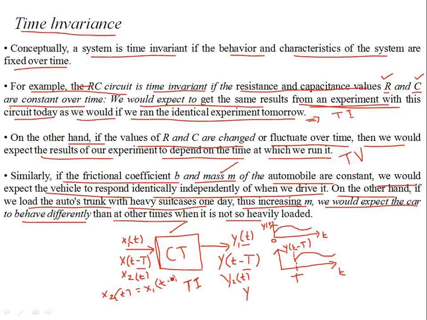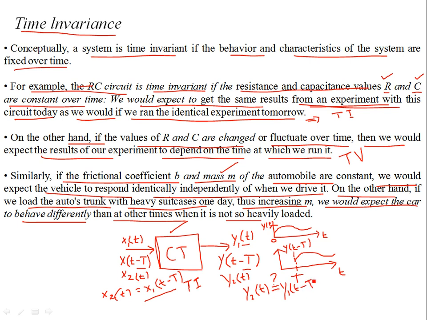Although my x2(t) is the delayed version of my original input x1, the question, before we qualify the system as time invariant, is whether y2(t) is equal to y1(t minus capital T).